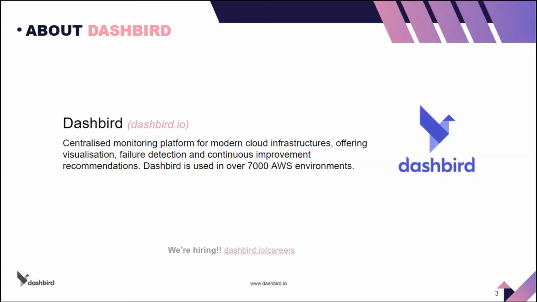We've built multiple large-scale serverless architectures based on Lambda Functions and other managed infrastructure in AWS. That's why we started Dashbird, to solve and address some of the challenges that developers are facing when they're going into modern cloud development. We're a monitoring platform.